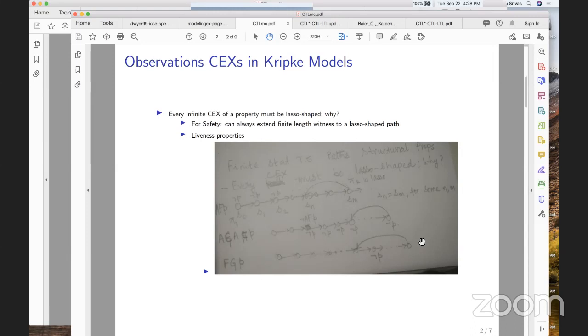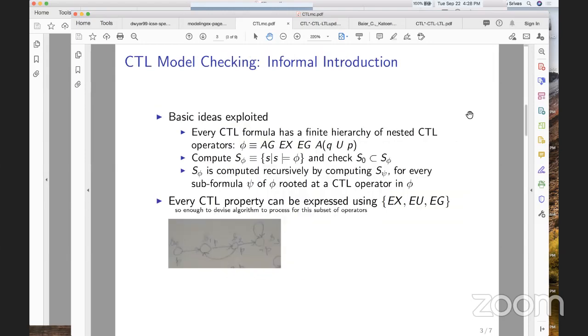So that's one key observation that you will have to notice and understand. Any questions? We'll exploit some of these things in our CTL model checking.